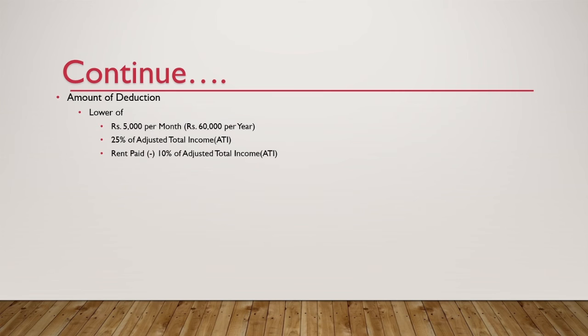First one is rupees 5,000 per month as rent or rupees 60,000 per annum. Second is 25% of adjusted total income. Third is rent paid minus 10% of adjusted total income. Out of these 3 conditions, the lowest value shall be claimed as deduction.